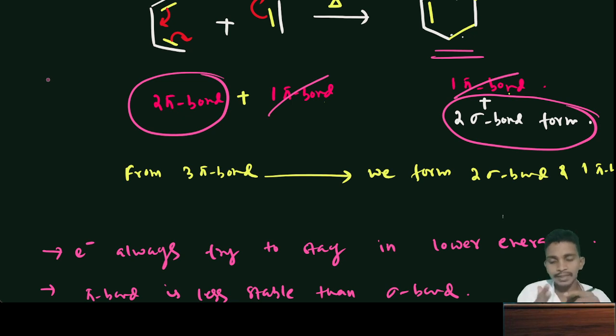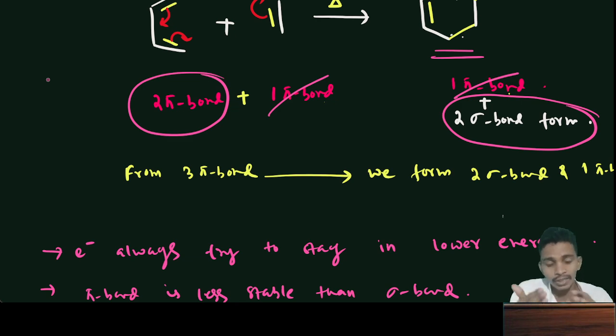So that's why in pericyclic reactions, even if you give simply heat, the reaction will proceed. But the substrate should satisfy the conditions. If the substrates are not like that, then however much heat we give, it will not happen, because the main reason this reaction happens is that the electrons are in high energy and they want to go to low energy.